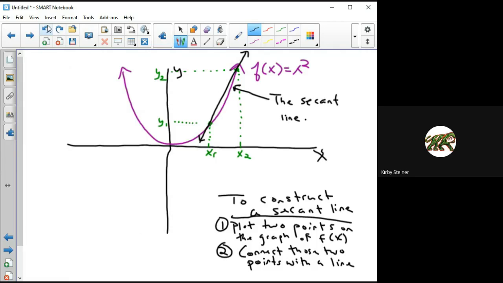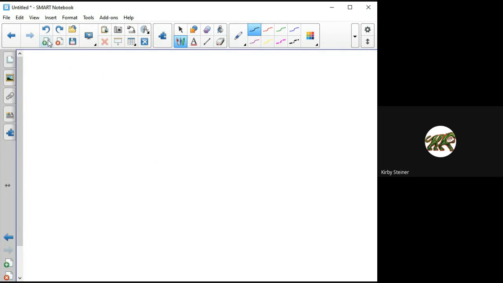And so when we ask the question, how much has our function increased or decreased over a certain interval, we're going to say, what is the slope of the secant line that connects the 2 endpoints of that interval?